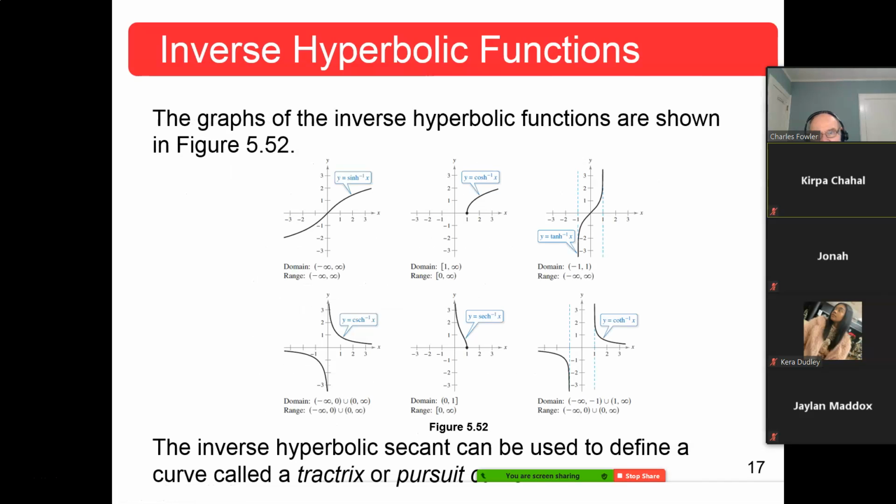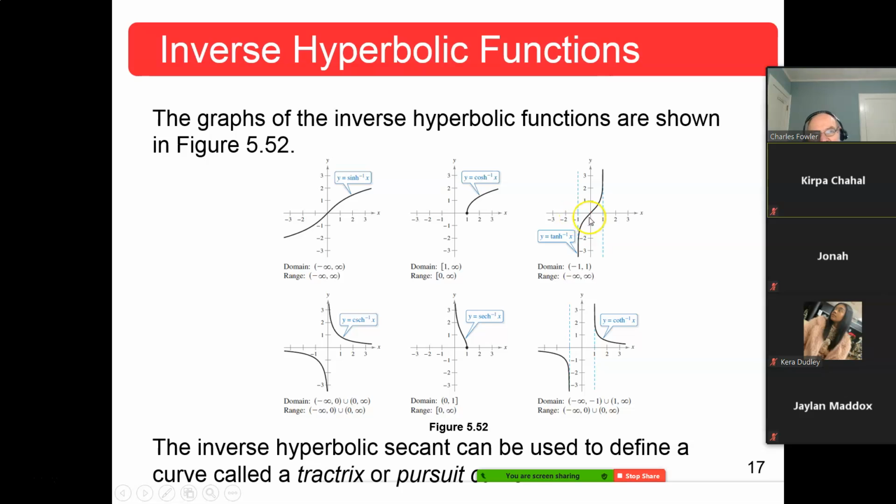The graphs of these inverse hyperbolic functions are shown here, just as you would expect. Since the hyperbolic sine went something like this, inverse hyperbolic sine goes something like that. Hyperbolic cosine started here and went positive like this. This would be reflected across the identity function, and it goes like that. Remember, hyperbolic tangent looked a lot like an inverse tangent function, so just flip it over, and there it is.